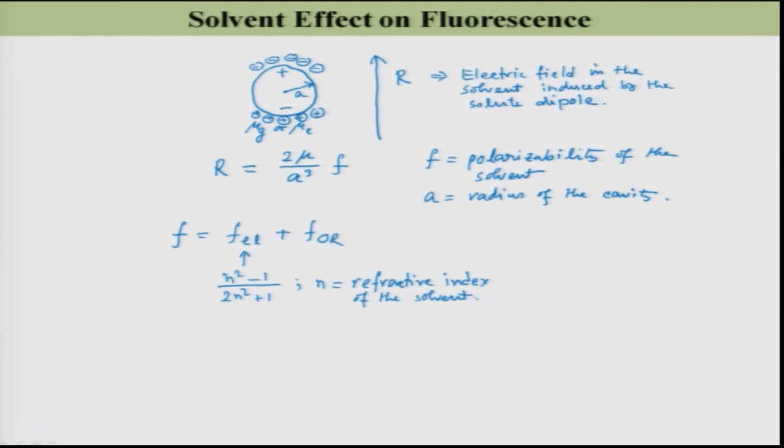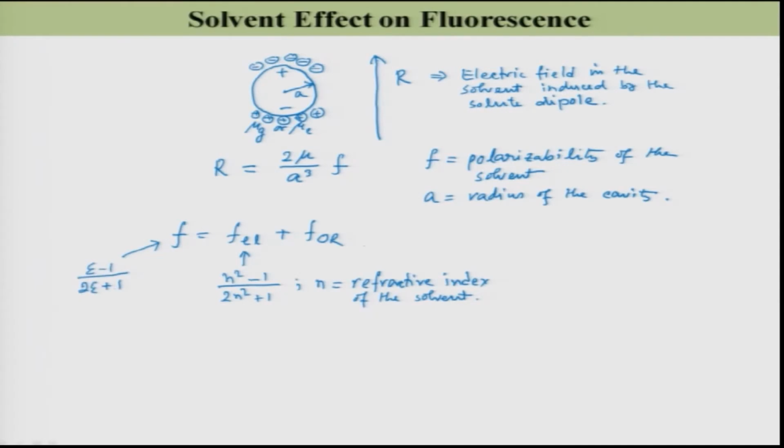And this F, that is the total polarizability, is a function of the dielectric constant. This can be written as epsilon minus 1 by twice epsilon plus 1.